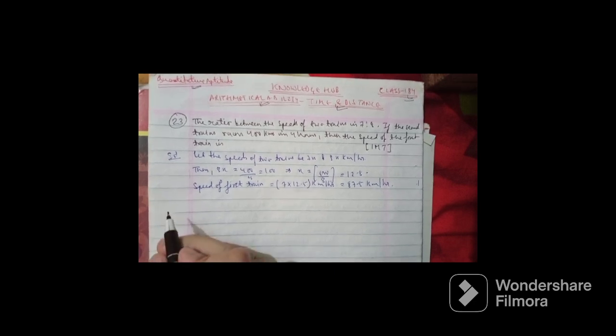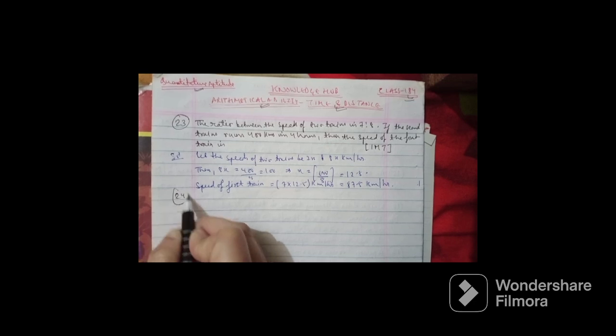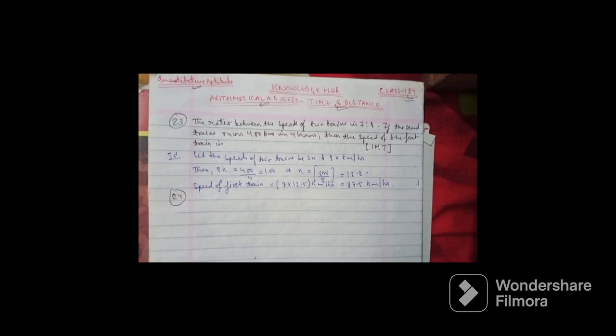So we have as follows, that is the 24th question of the session. A train travels at an average of 50 miles per hour for 2 1/2 hours and then travels at a speed of 70 miles per hour for 1/2 hour.